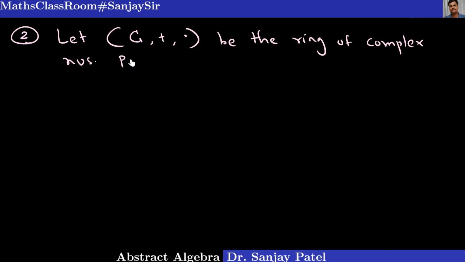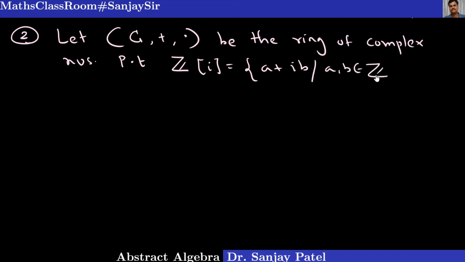Then prove that the Gaussian ring, I mean rather the set Z[i], let me write independently, prove that the set Z[i] defined as a plus i times b, where a and b belong to Z, is a subring of the ring of complex numbers.